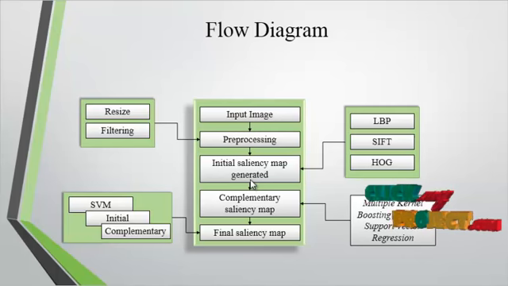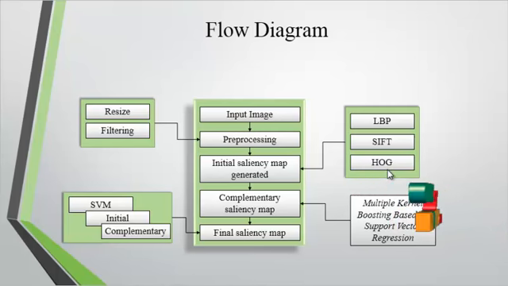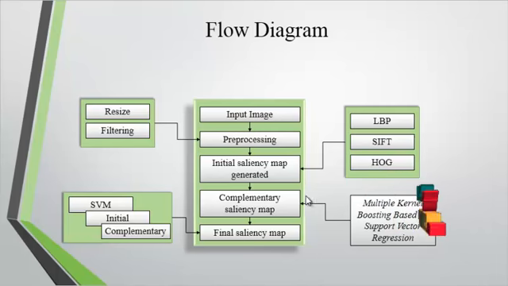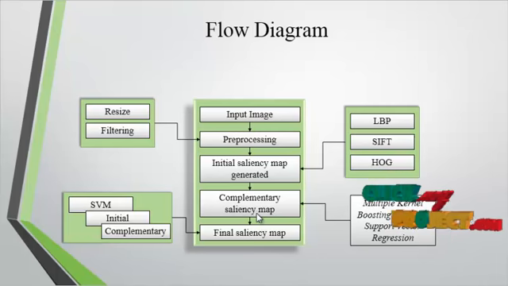After the pre-processing completion, the initial saliency map generation is carried out. For the initial saliency map generation, we consider three types of algorithms. The first one is the LBP, which is abbreviated as local binary pattern. Then the SIFT algorithm is used to take features from the image, and also the HOG is an algorithm to take the features from the image. After gathering the feature points from the saliency, the complementary saliency detection is carried out.